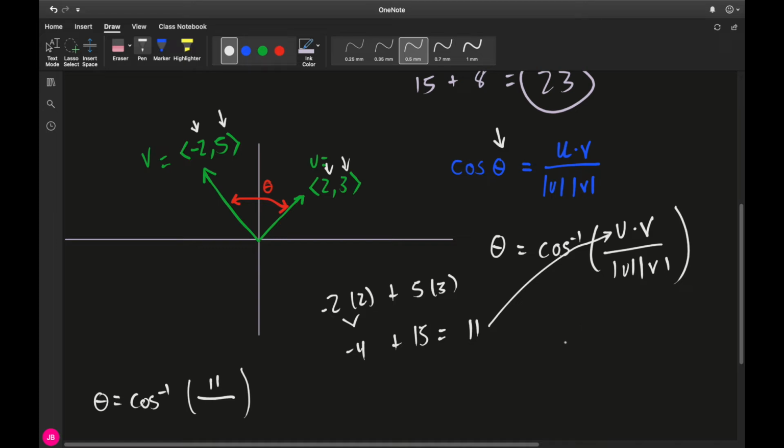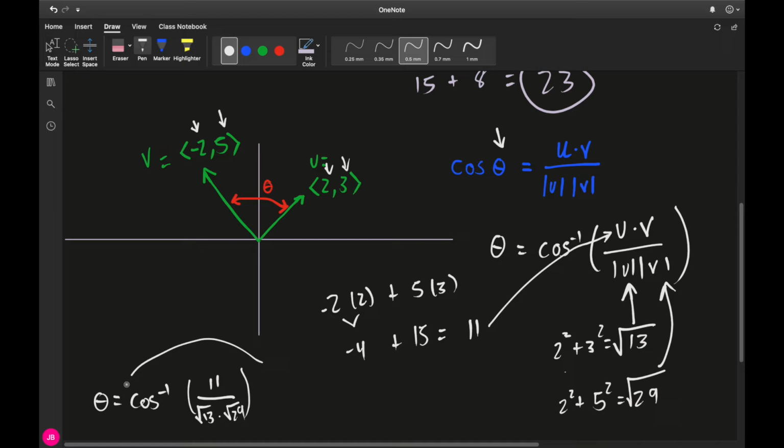Let's see if we can find those. 2 squared plus 3 squared is equal to 13, and if we take the square root of 13, that would give us the magnitude of u. And 2 squared plus 5 squared is equal to 29, and if we take the square root of 29, that would give us the magnitude of v. So we have this divided by the square root of 13 times the square root of 29.